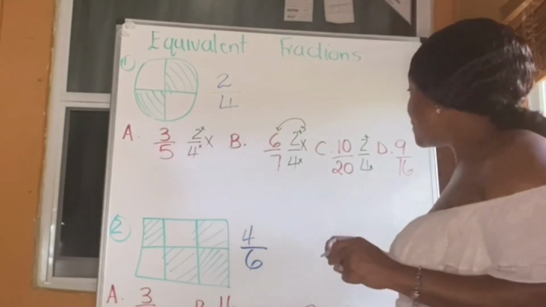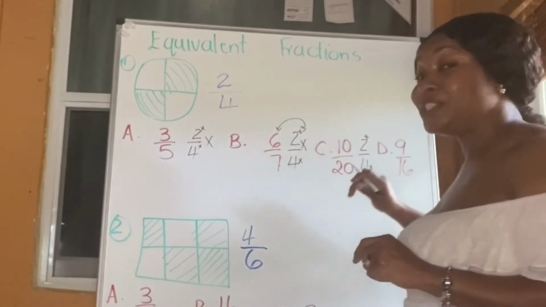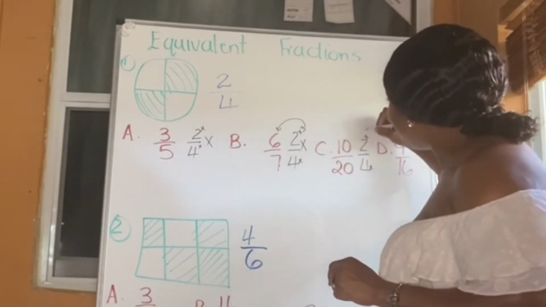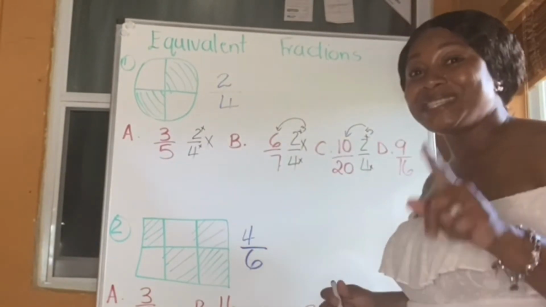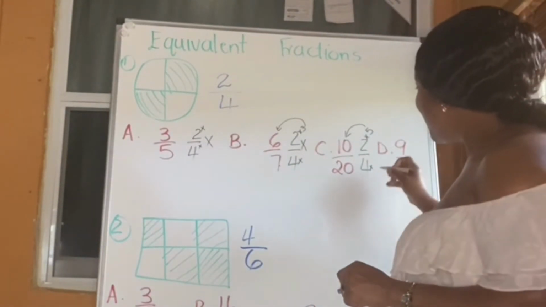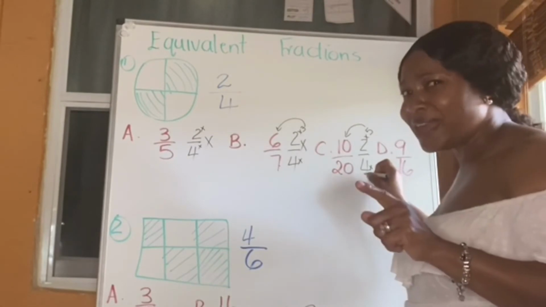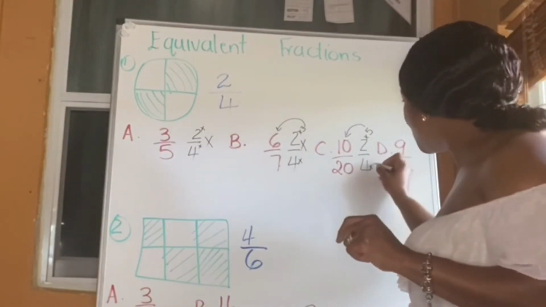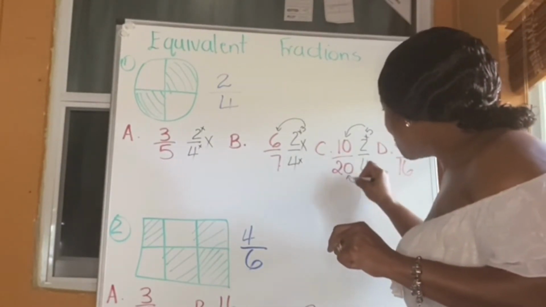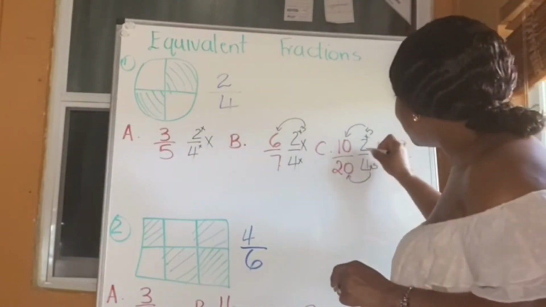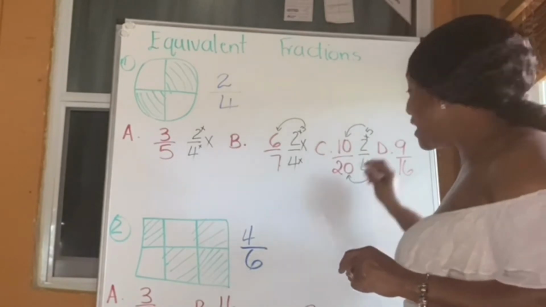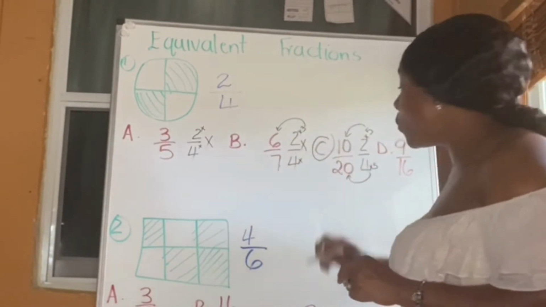So let us see. What can I multiply by 2 to get 10? It is 5. So 2 times 5, that's 10. If I multiply 4 by 5, am I going to get 20? Yes. 4 times 5 is 20. It simply means 10/20 and 2/4 are equivalent.